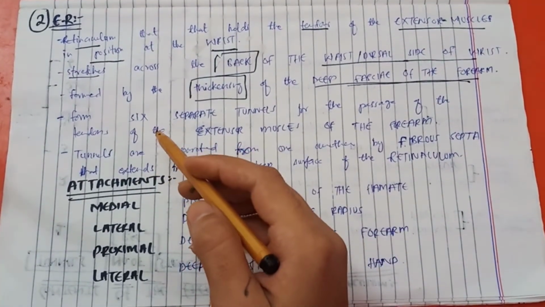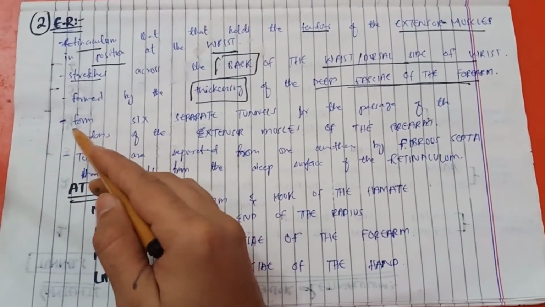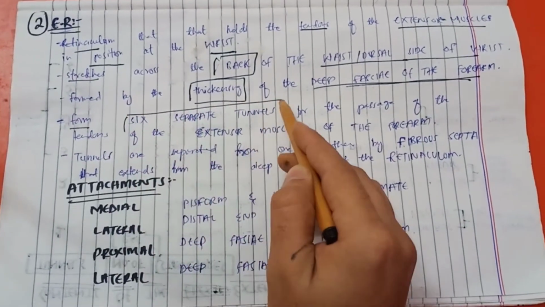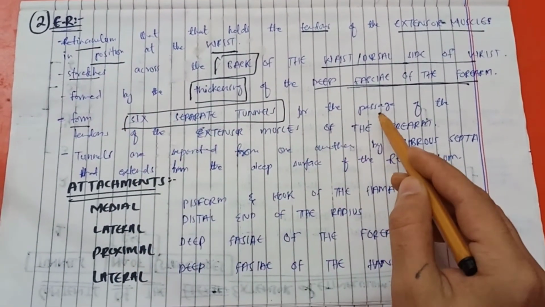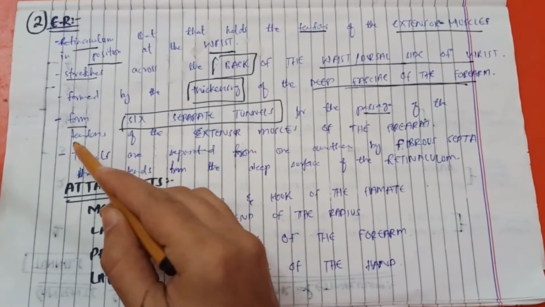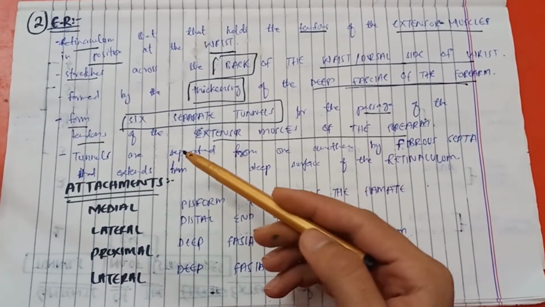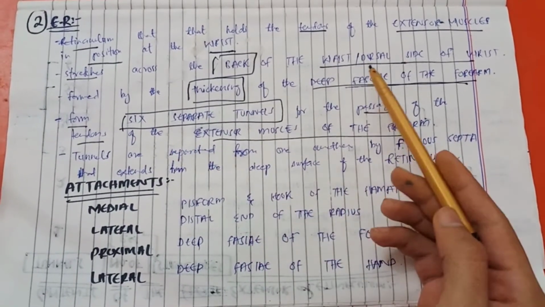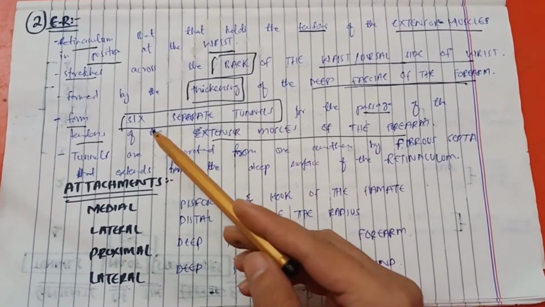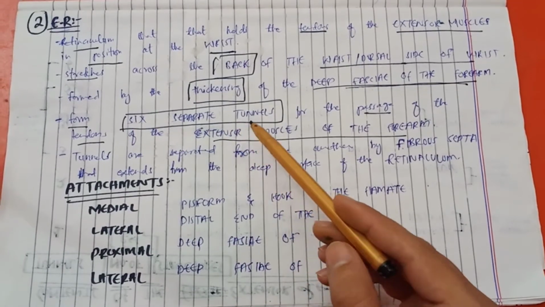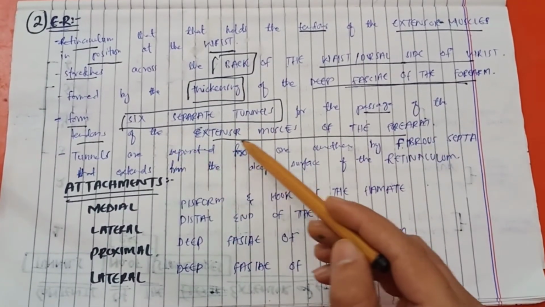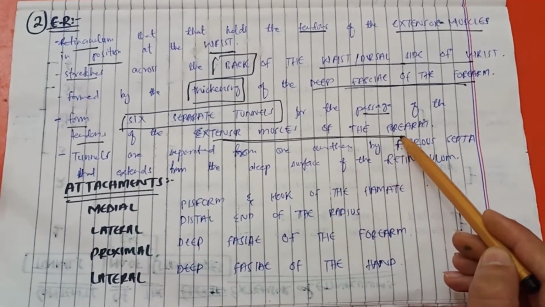The extensor retinaculum forms 6 separate tunnels for the passage of the tendons of the extensor muscles of the forearm. The extensor retinaculum on the dorsal side of the wrist forms 6 separate tunnels for the passage of the tendons of the extensor muscles of the forearm.